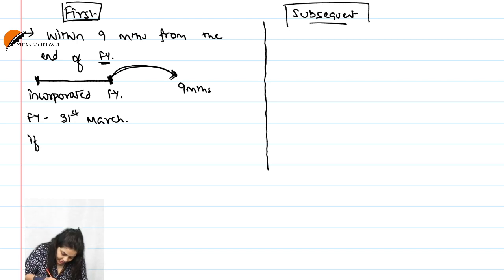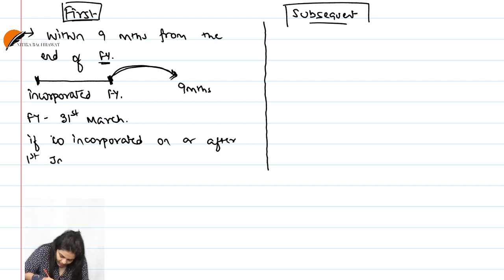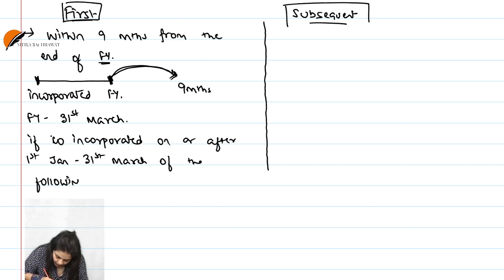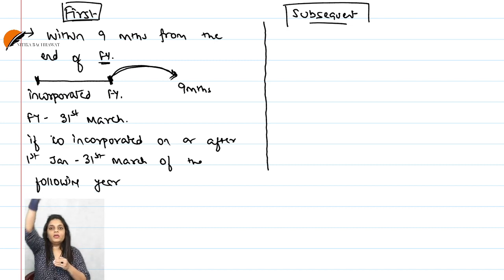If the company is incorporated on or after 1st Jan, then the financial year will end on 31st March of the following year. So following means next year, right? Following means what?